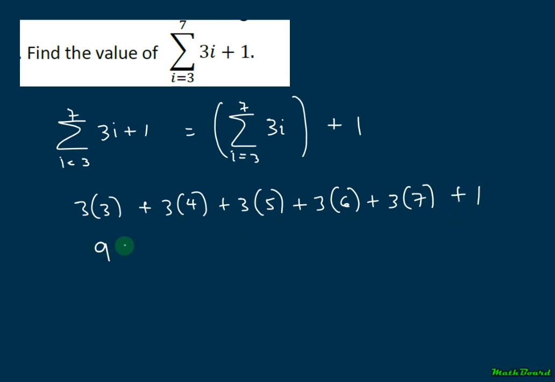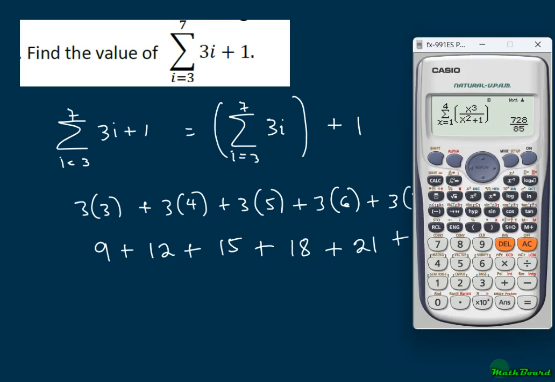So, 9, 12, 15, 18, 21, plus 1. And if you do that, the answer is 76. We check. So 9 plus 12 plus 15 plus 18 plus 21 plus 1.